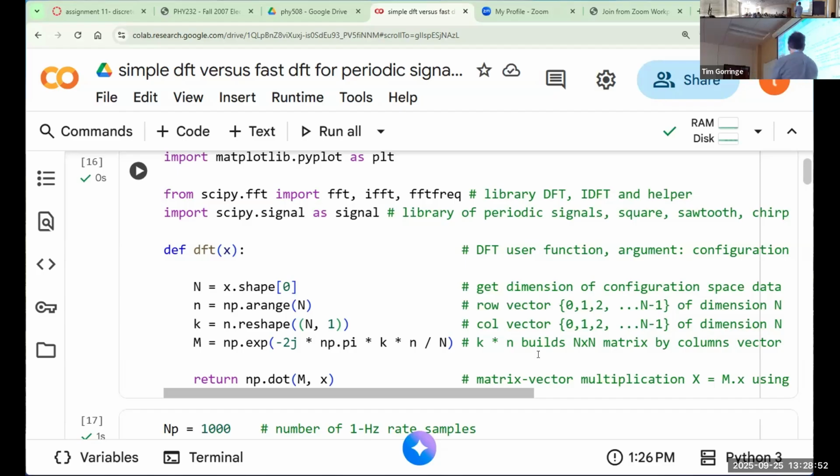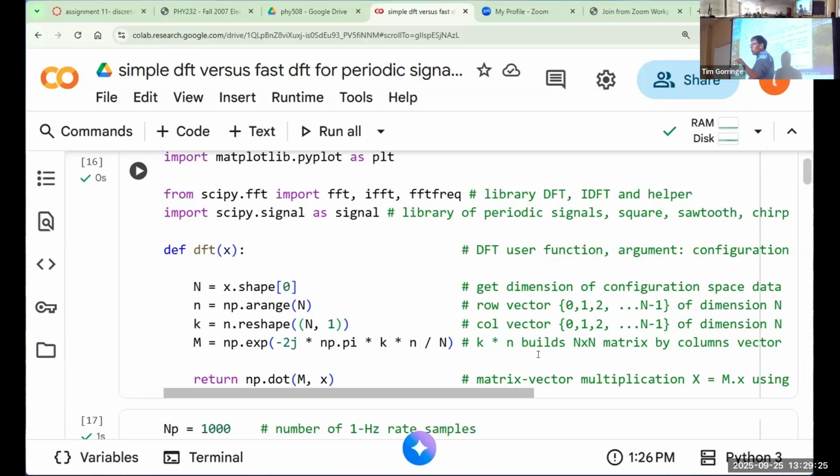So I want to know the size of the data. So that's this first step here. I'm getting the shape of x. This is just giving me the length of x. This could be len of x. So N is the size of the array in the time domain. It'll be the size of the array in the frequency domain. Next 2 lines.